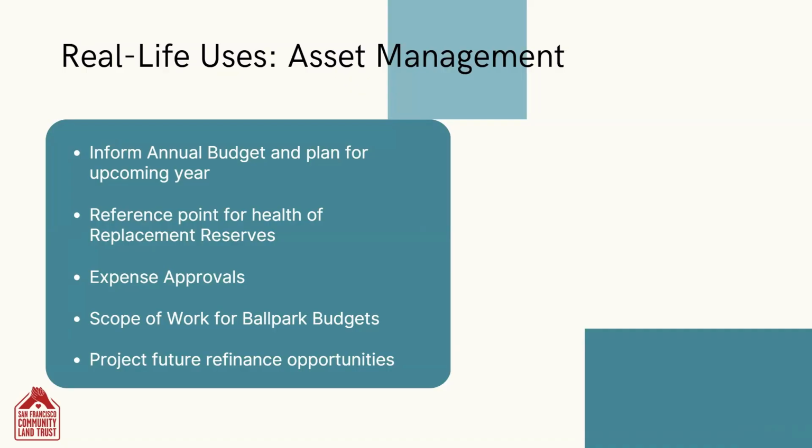So in 10 years, you might see that you have $300,000 worth of replacement work anticipated, and you can tell that your reserves are not funded adequately for that. And so you might consider in year 10 a refinance event.